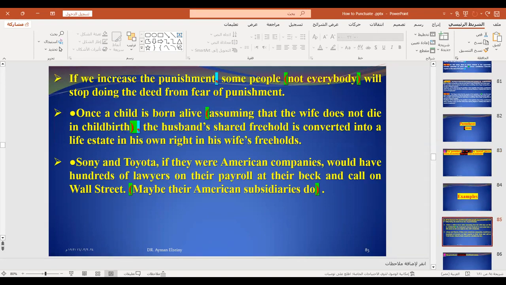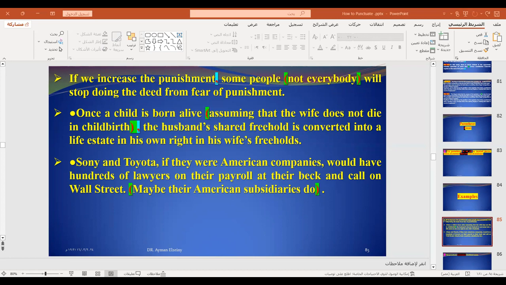If you want to write the following sentence: if we increase the penalty, some people (penalties, not everybody) will stop doing the deed from fear of penalty.